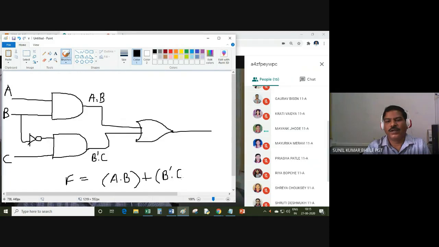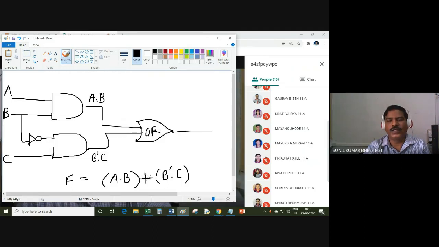So this is the Boolean expression for this logic circuit. You know the output of the AND gate is A dot B. And this is a NOT gate, and I am passing B here, so the output of this NOT gate is B complement. So B complement dot C is the output of this gate. And now this is an OR gate, so you have to use the plus sign for the OR gate.